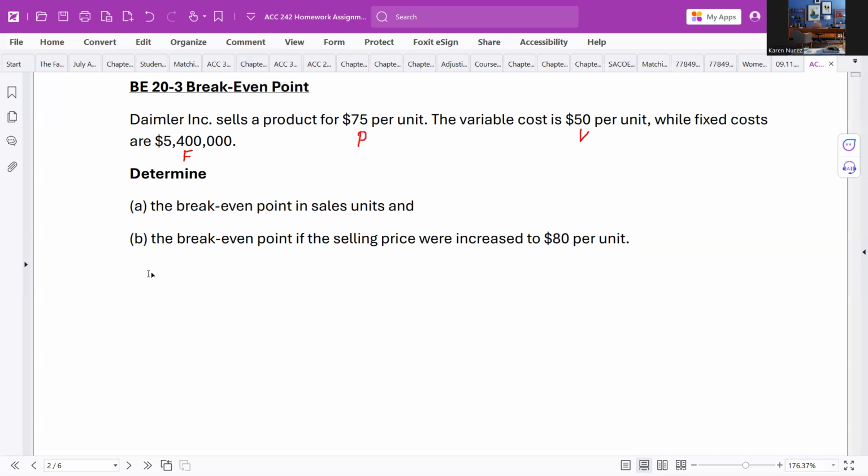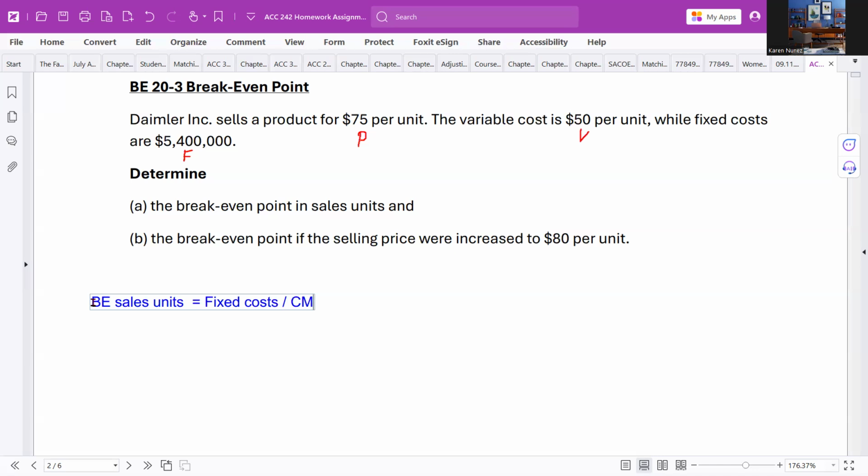Let me put here as a reminder, the break-even sales units, which I'm going to abbreviate as BE sales units, is going to equal all of the fixed costs in the numerator, divided by that unit contribution margin, and that'll give us the break-even in sales units.